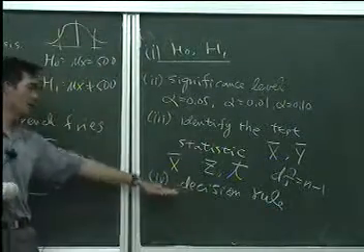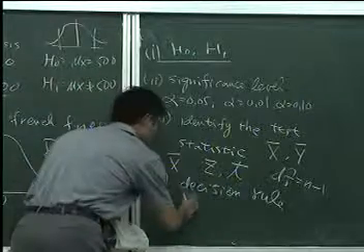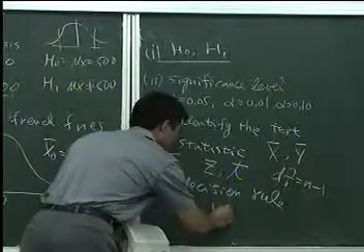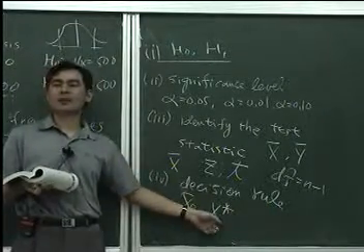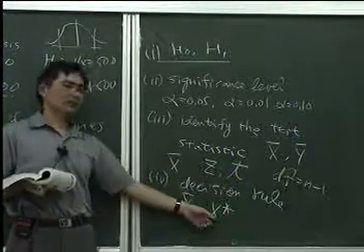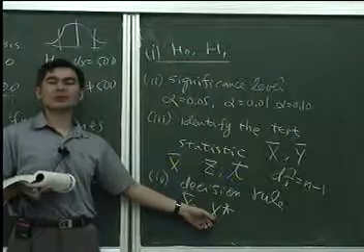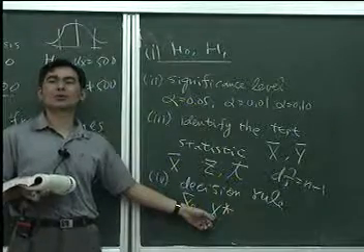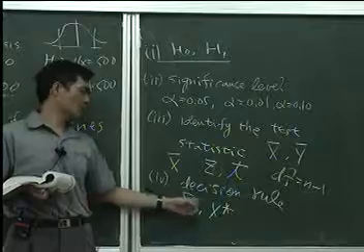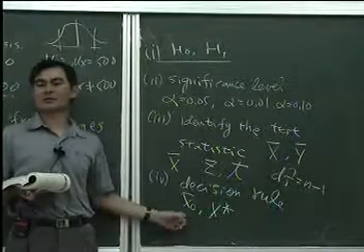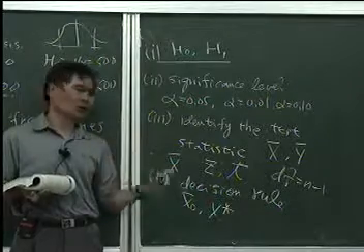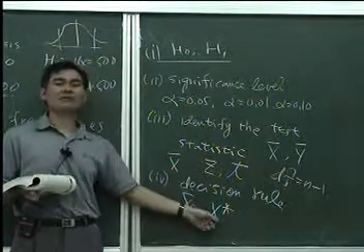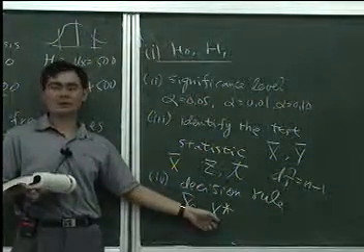You want to compare the sample value and the critical value. It depends on the situation, right? If you want to figure out whether that's too big or not, if the sample value is bigger than the critical value, then you say, yes, it's too big, right? If you want to compare whether it's too small or not, then if the sample value is smaller than the critical value, then you say, yes, it is too small.